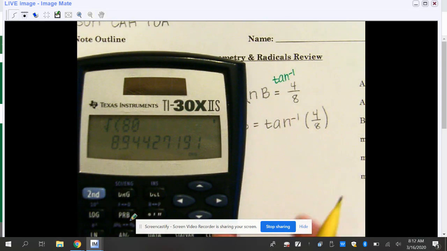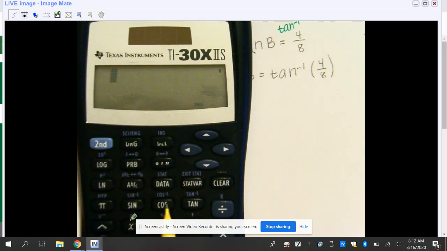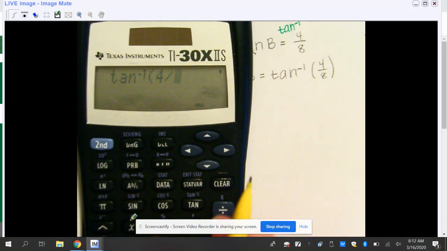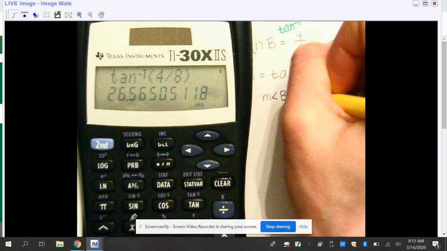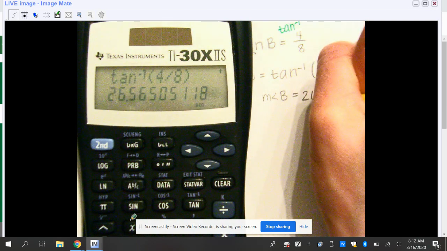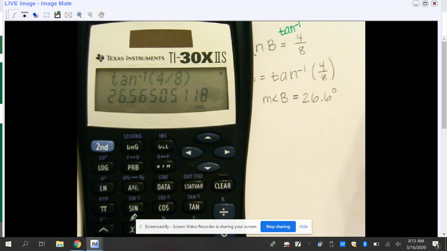So we've got our three trig ratios right here: sine, cosine, tangent. So now I'm going to hit the second tangent to make sure that I'm taking the inverse of 4 divided by 8. And I get the measure of angle B to be about 26.6 degrees. Okay.